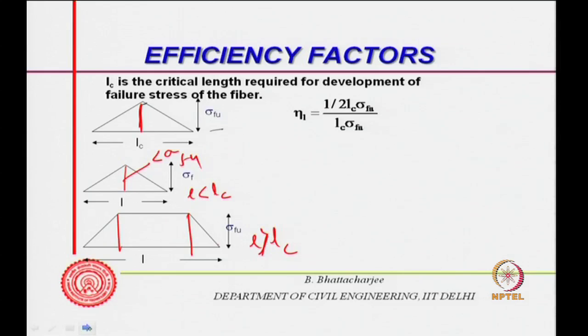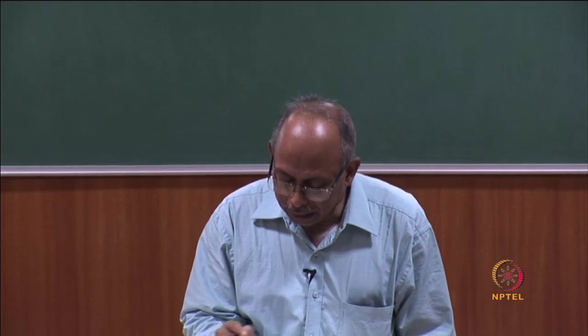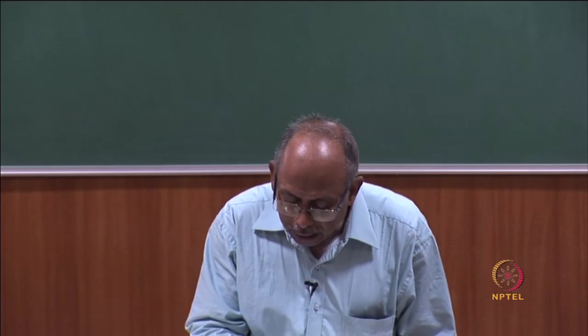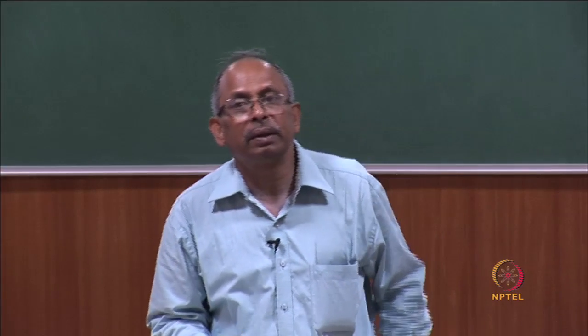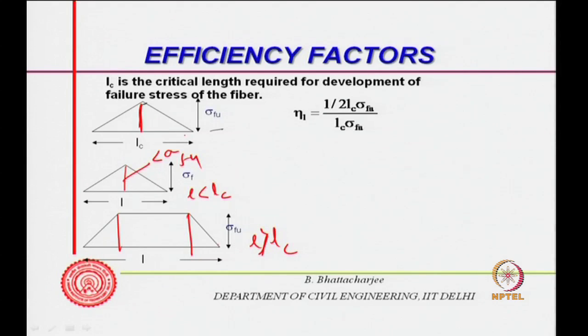So, we can look at this algebra now. The length efficiency factor is the ratio of the actual average stress the fiber is carrying to the stress if it was a continuous fiber.